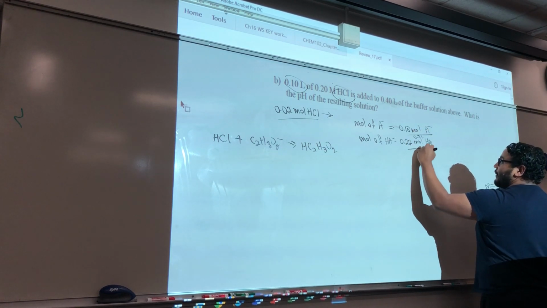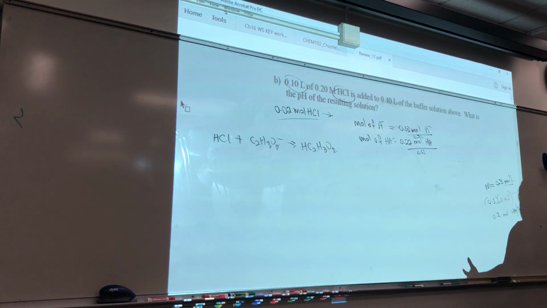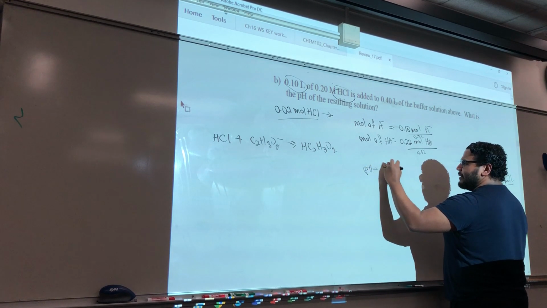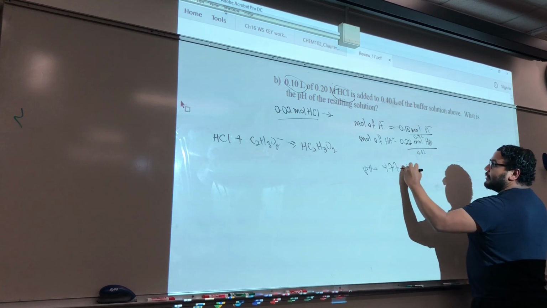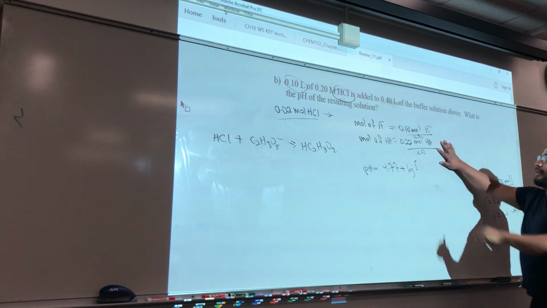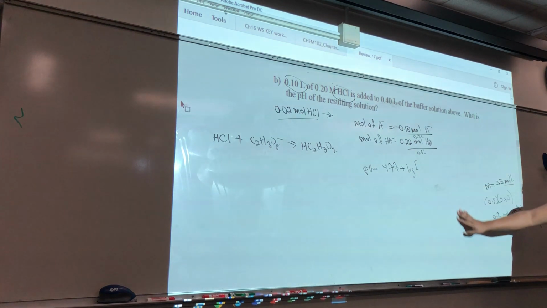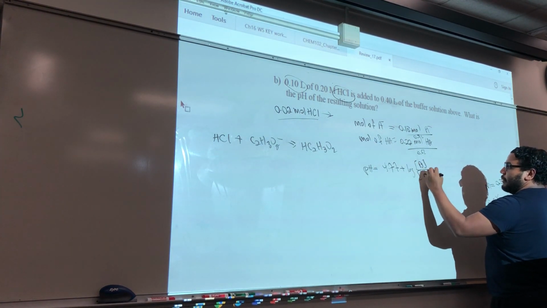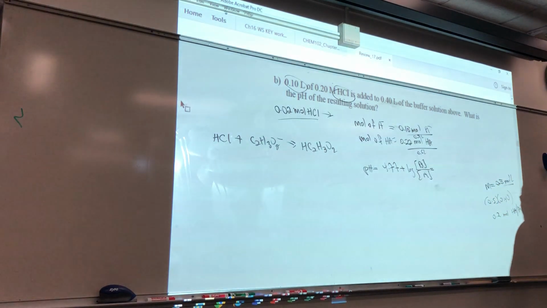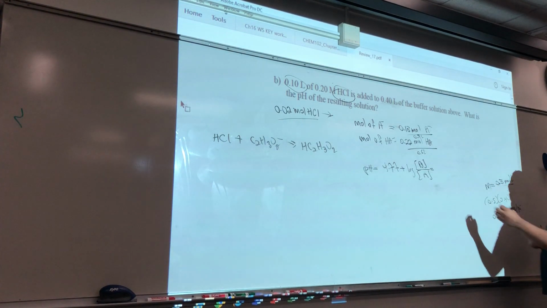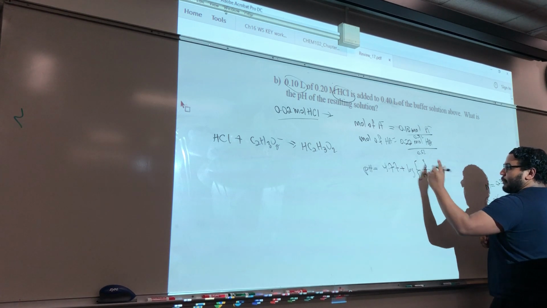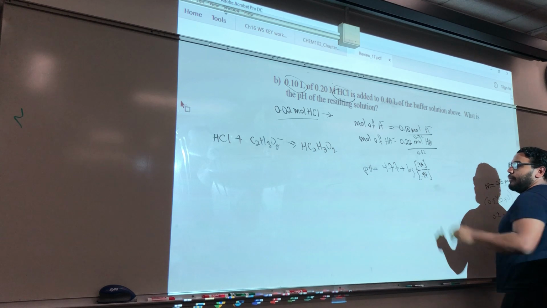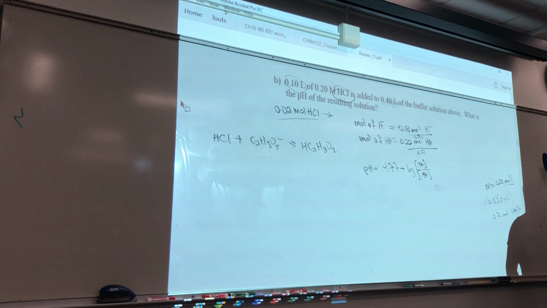So pH is equal to 4.77, if I remember correctly, plus the log of our base, which is this number right here, 0.36 over 0.44. Cool, and you get our pH.